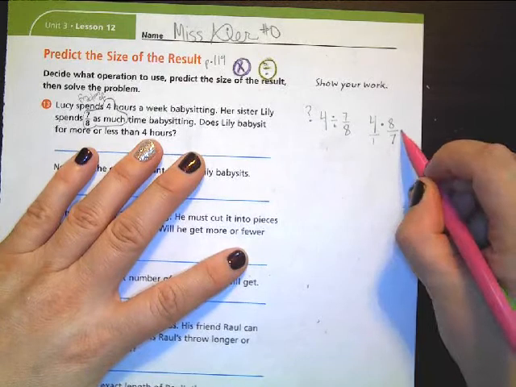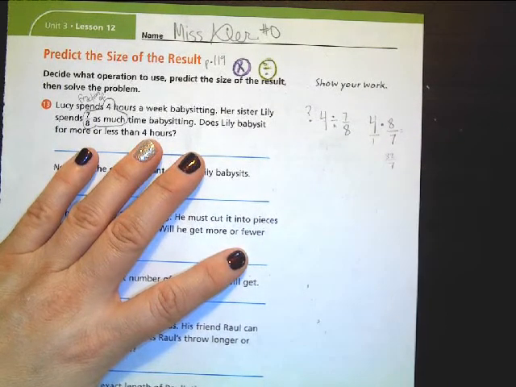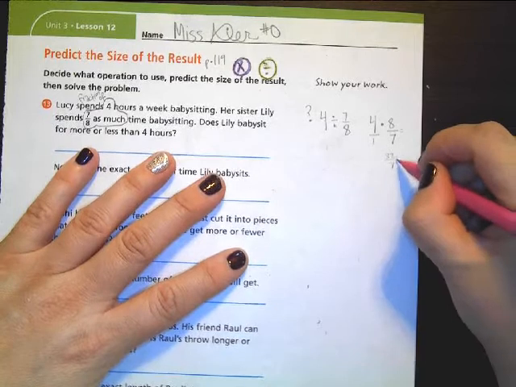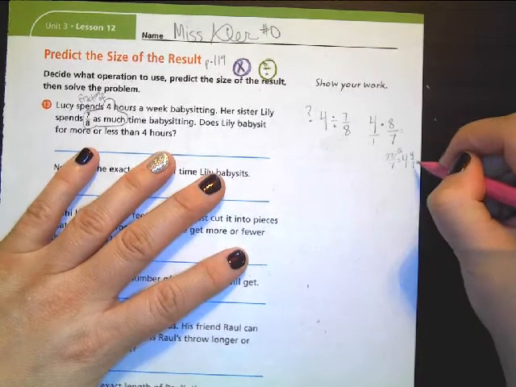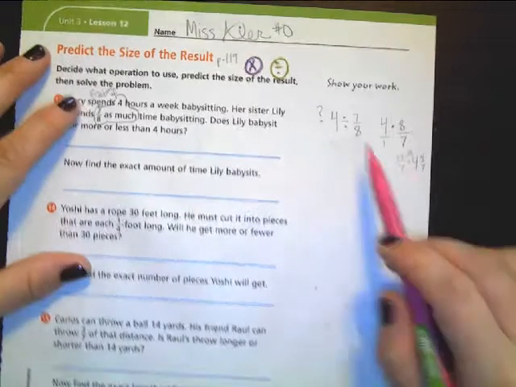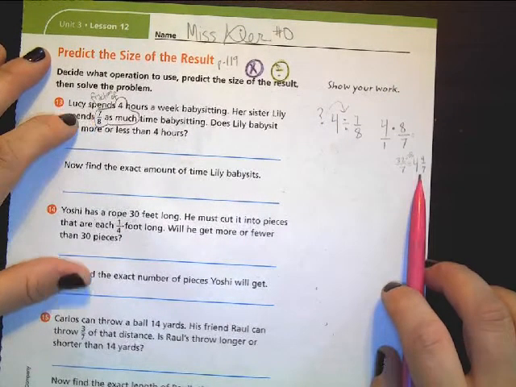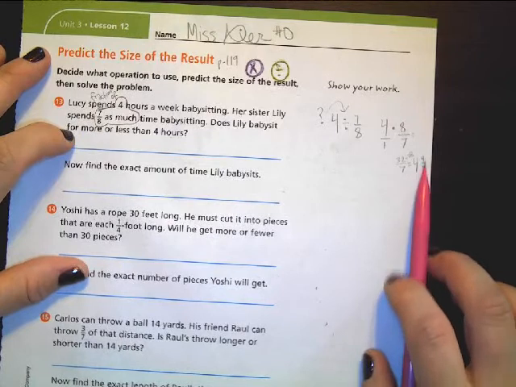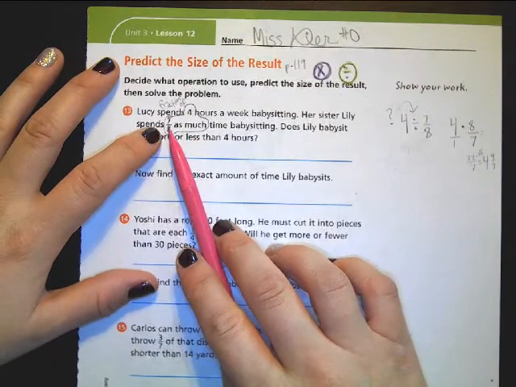Remember, you throw 1 underneath. This would be 32 over 7. And then I have to fix that. 7 goes into 32 4 times, and there'd be 4 left over. So if it was division, the answer would be that Lily went babysitting for 4 4/7. That doesn't make sense.